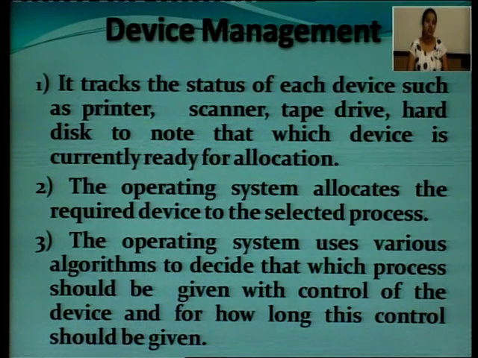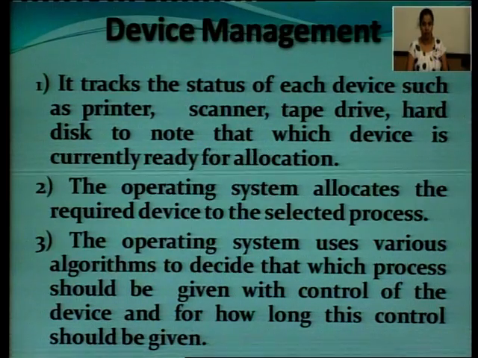Which device to choose, and for what duration of time a process can use the allocated device, is all the duty of the operating system, to allocate the time and the priority, deciding which one we should allow first.